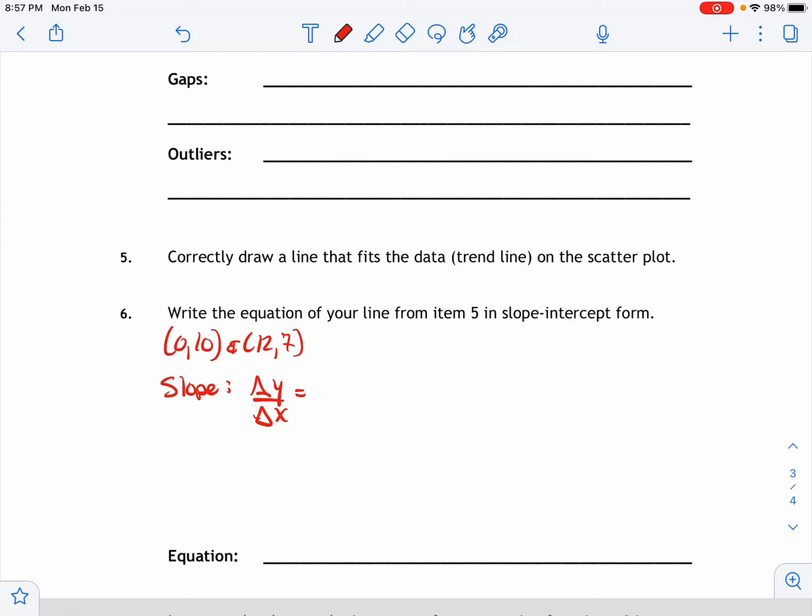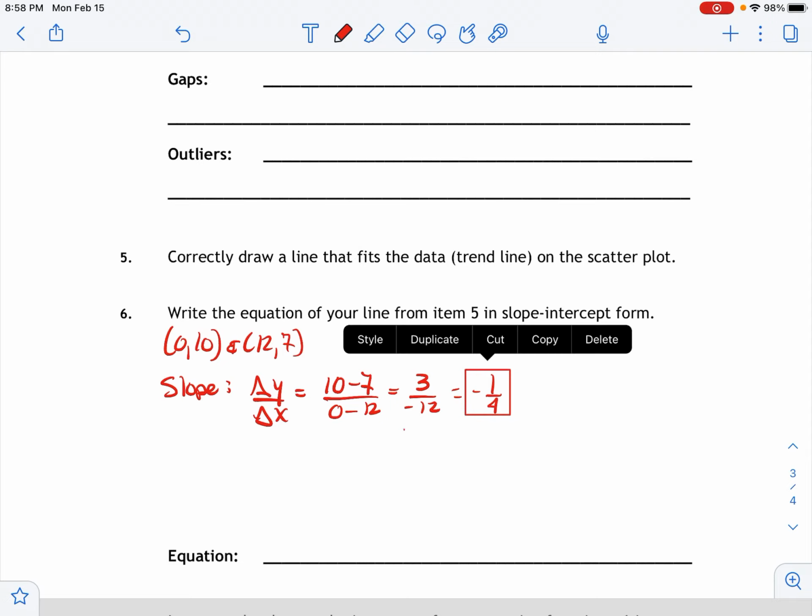So we will do 10 minus 7, because those are the y coordinates, over 0 minus 12, because those are the x coordinates subtracted in the same order. So I'll have a 3 on the top, a negative 12 on the bottom. That reduces to negative 1/4 for my slope.